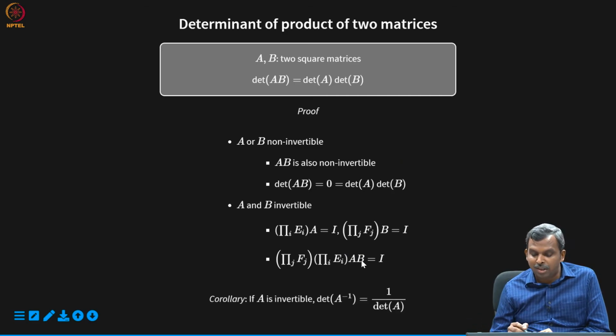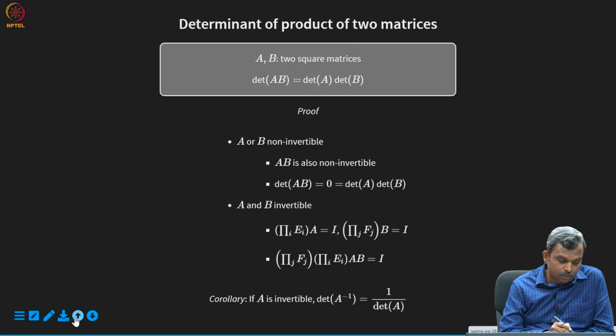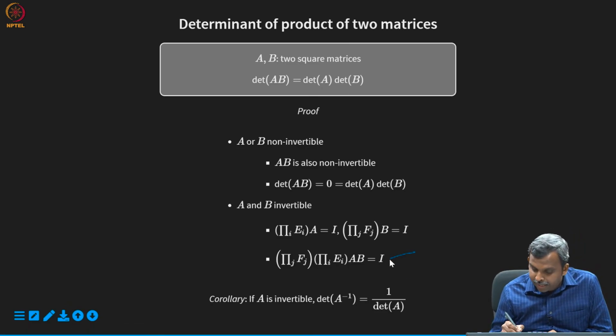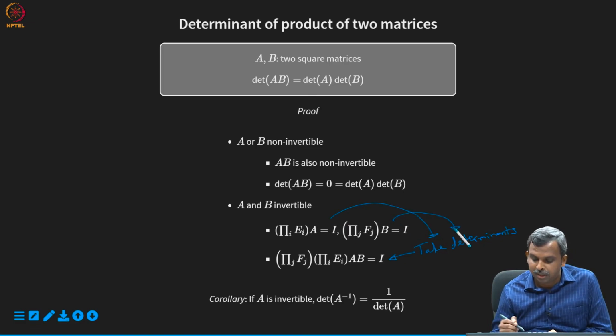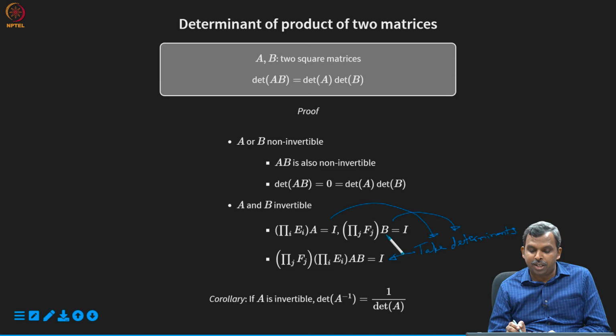Then what do you do? Once you have this equation, you are through, right? So you take determinants here and take determinants here. You will see that the determinant of A and the determinant of B, when you multiply those two, you get the determinant of AB.